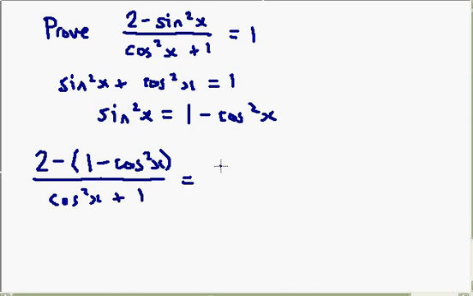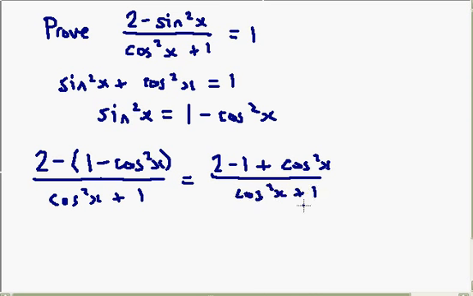Now if I sort the top of that fraction out, the numerator, I've got 2 take away 1 and 2 take away minus cos squared x. So that becomes a plus cos squared x all over cos squared x plus 1. So I've got 2 take away 1 is 1.